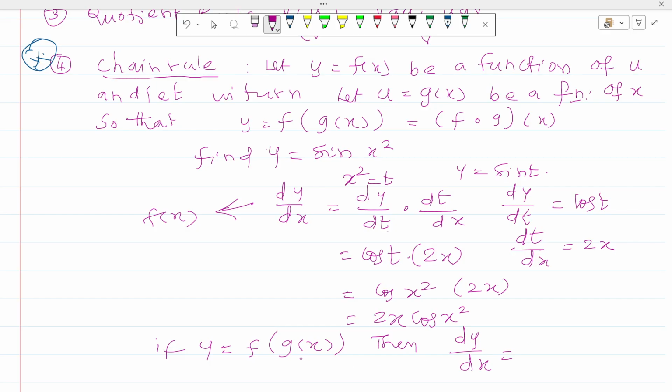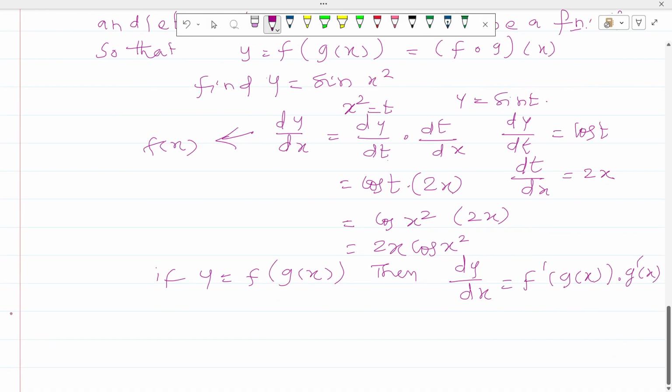So g of x we can take as some function u. At that time we can write f dash of g of x, then you have to differentiate g of x, that means g dash of x. So what is the notation here?